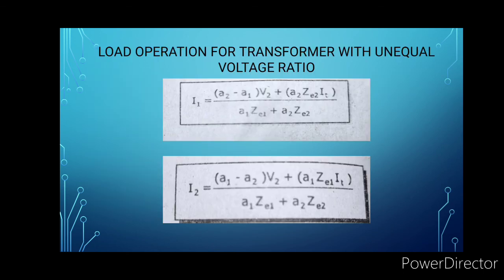And lastly, load operation for transformers with an equal voltage ratio. This is the formula. For transformer 1, the above formula. And for transformer 2, we need to get the value of the delivered current, the below formula.